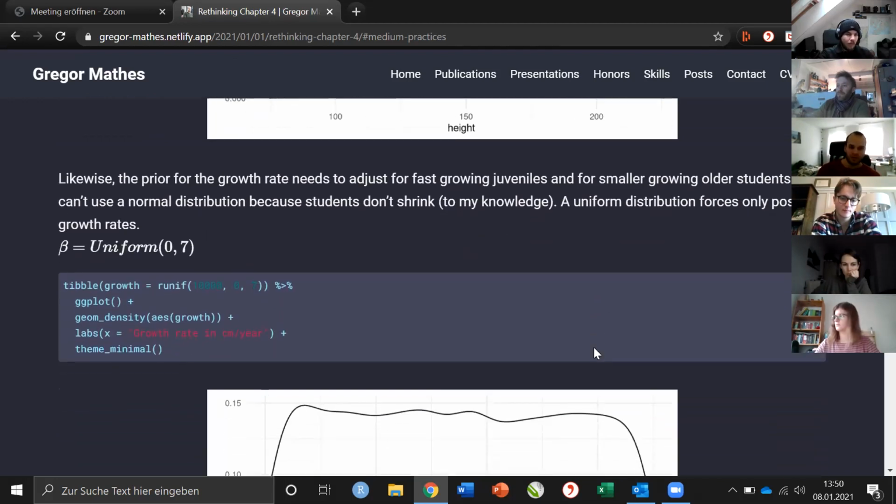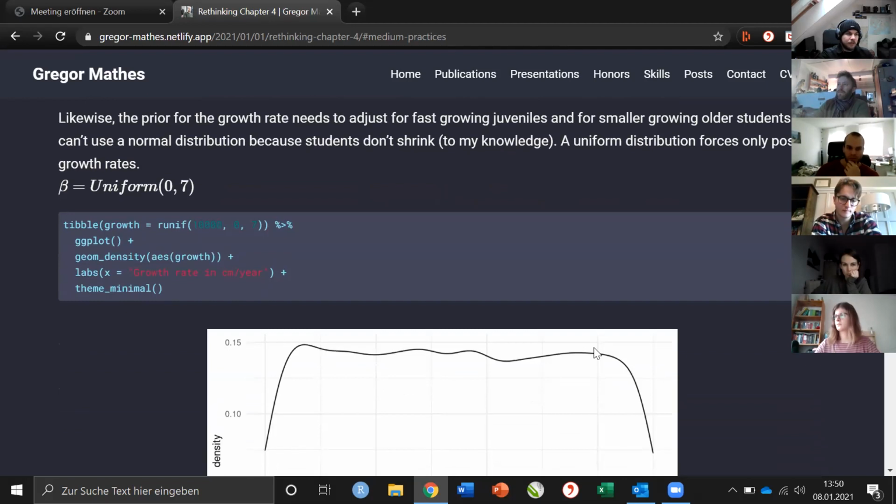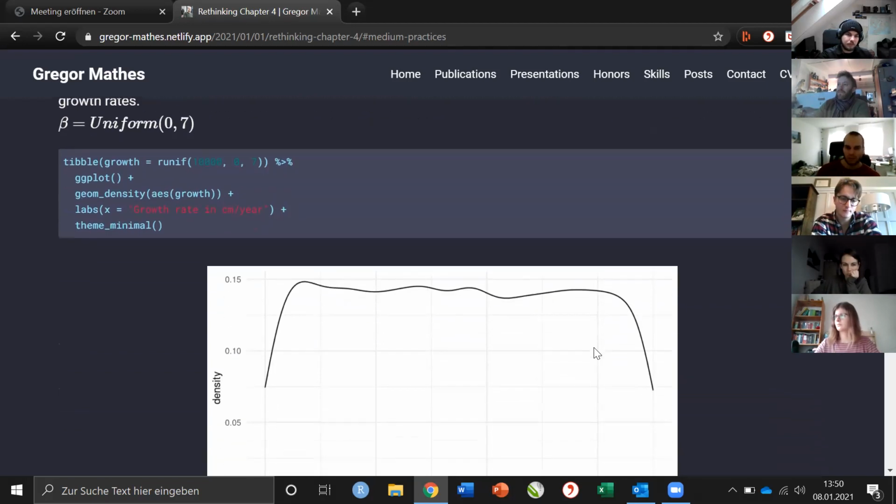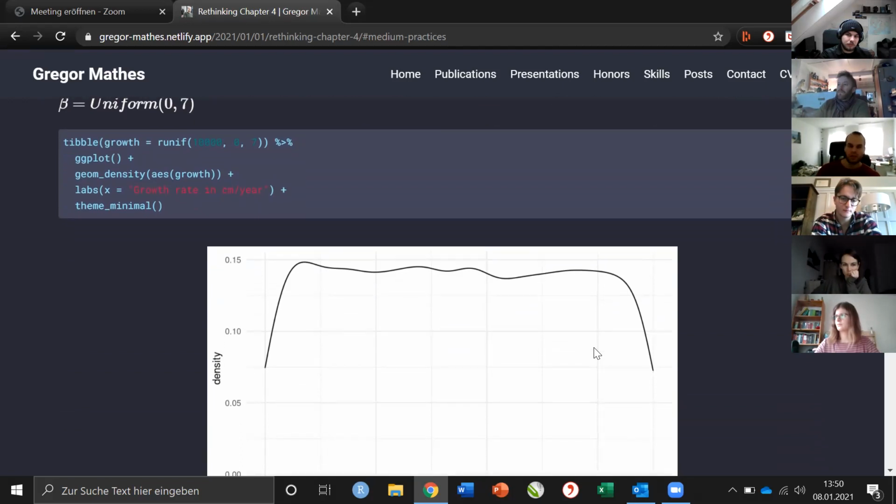For beta, I actually used the uniform distribution. If you noticed it when you went through your example, we want a positive growth rate, a positive beta or slope of the linear regression. We get this by uniform or by an exponential distribution.